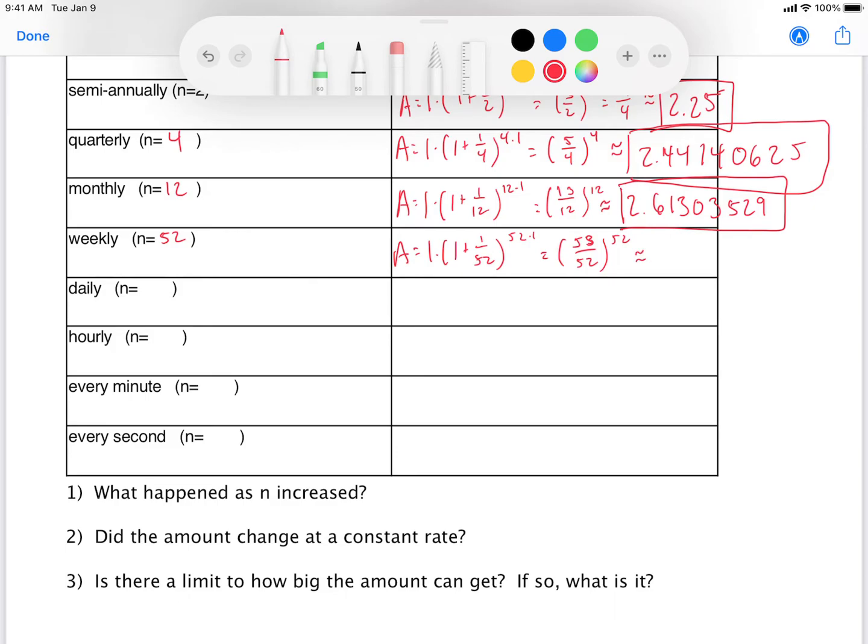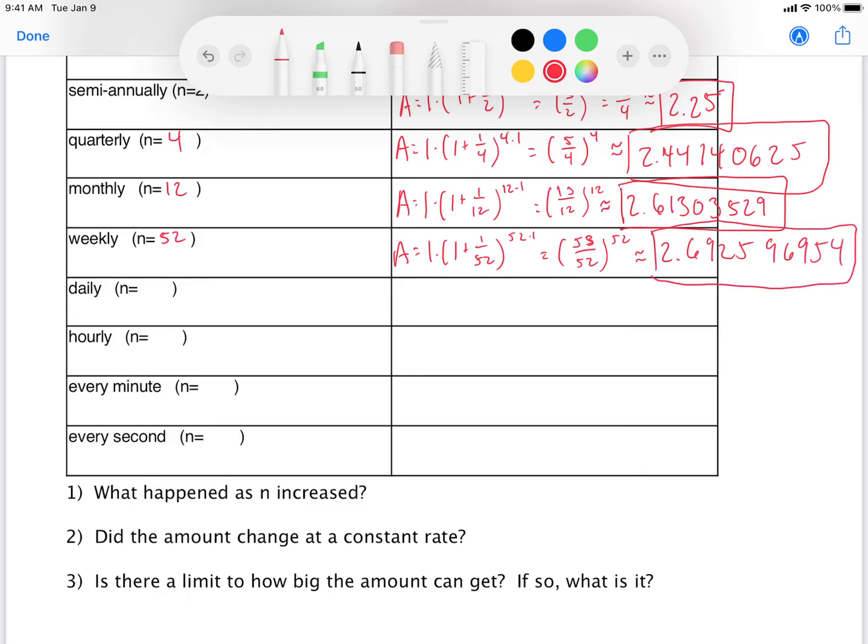Which is approximately what value? Come on, guys, I want you guys to tell me. 2.69259695. Yes, about 2.69259695. Okay?